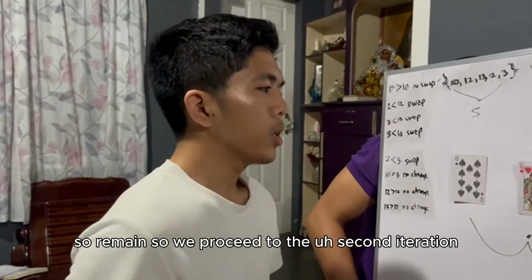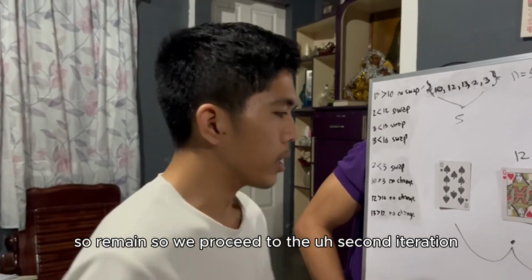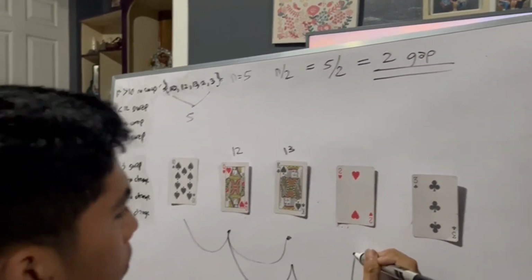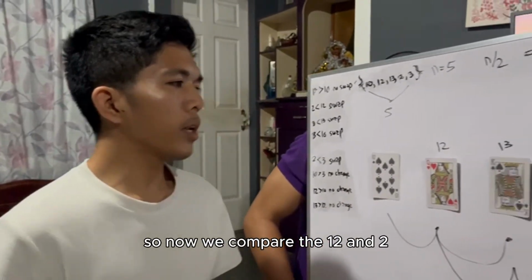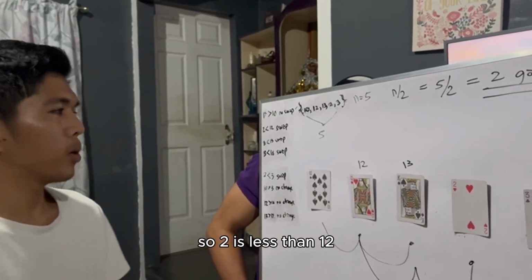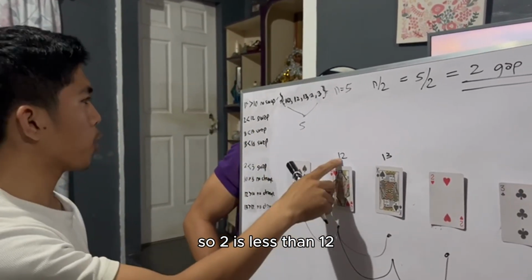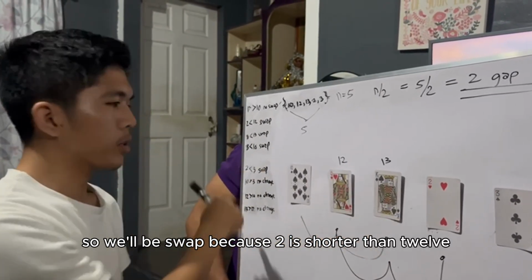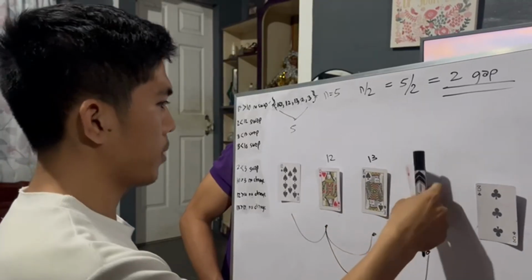It remains. Then we proceed to the second iteration, with the 2 gap. Now we compare the 12 and 2. 2 is less than 12, so there will be a swap, because 2 is smaller than 12.